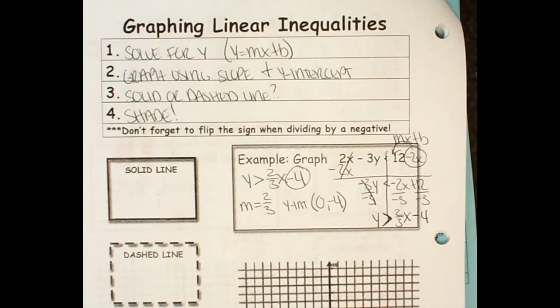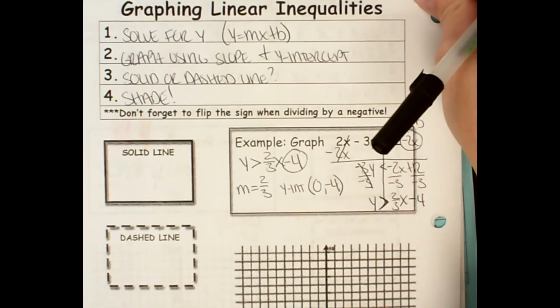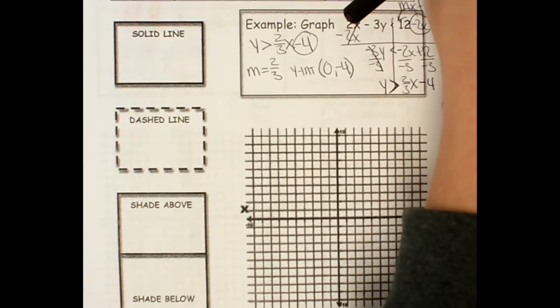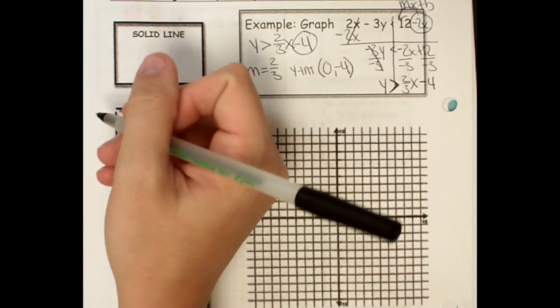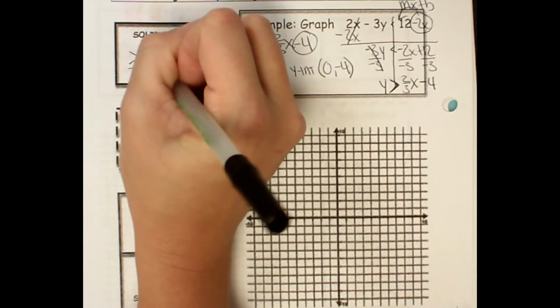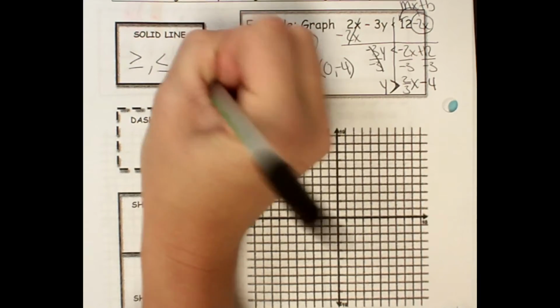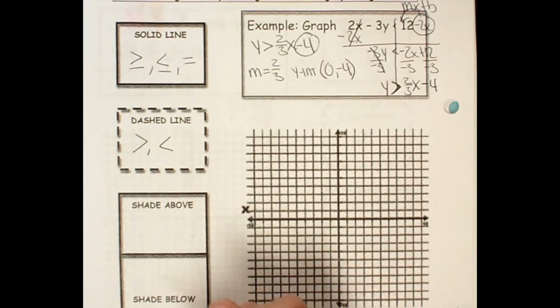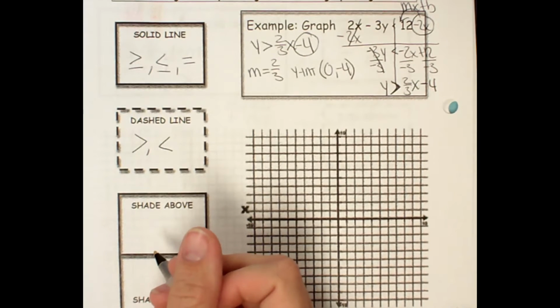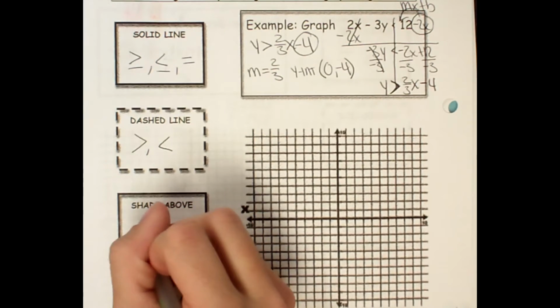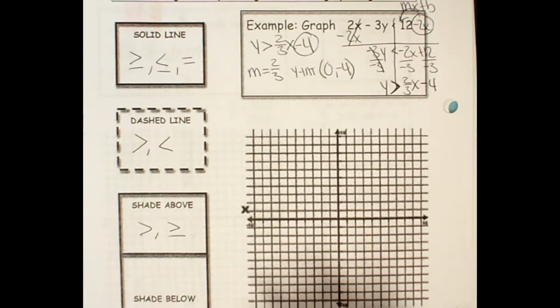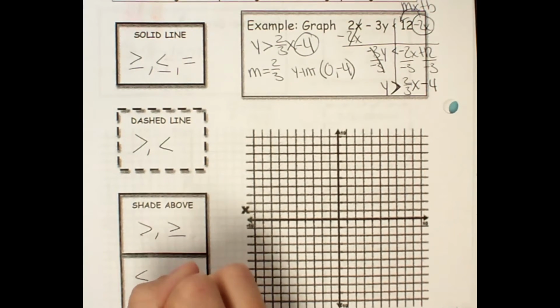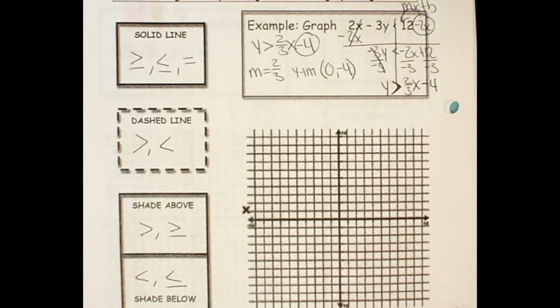So then deciding if it's solid or dashed line, we need to look back at our notes. If we need to, let's go ahead and fill them back in. Solid is greater than or equal to, less than or equal to, or the equal symbol. Dashed is greater than or less than. When you shade above, you're looking at the greater than symbols. When you shade below, you're looking at the less than symbols.